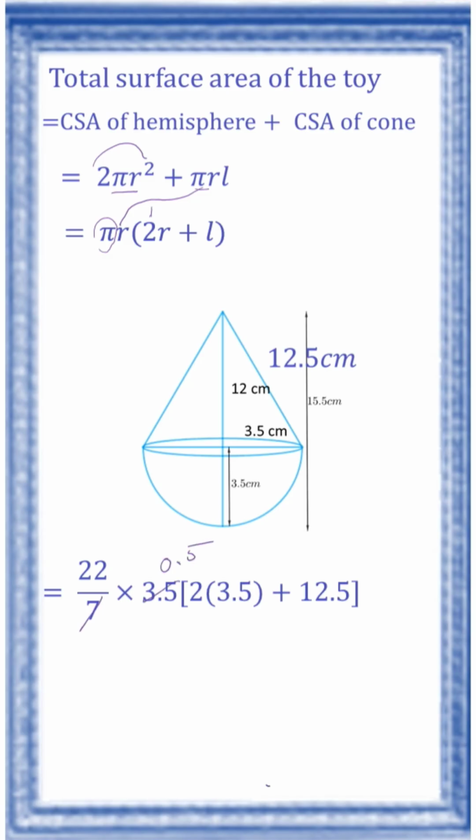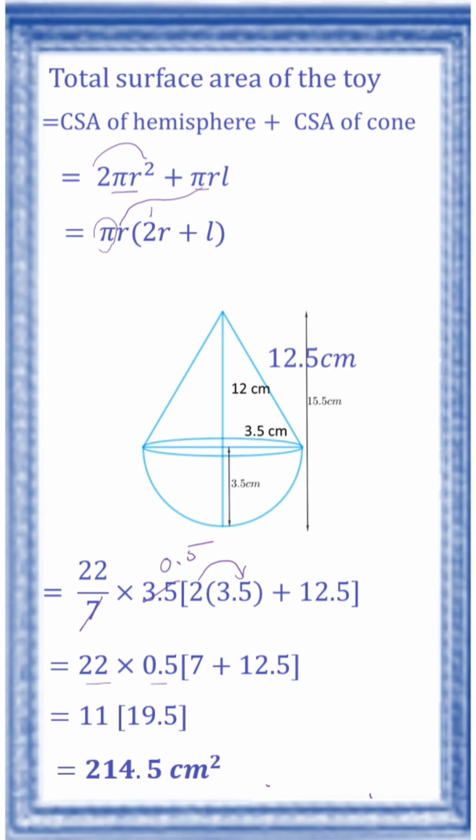Here 2 into 3.5 is 7. Now 22 into 0.5 into 2 plus 12.5. If you multiply these two, very easy, it is 11, isn't it? Here 19.5. If you multiply these two numbers, you will get 214.5 centimeter square. So the total surface area of the toy is 214.5 centimeter square.